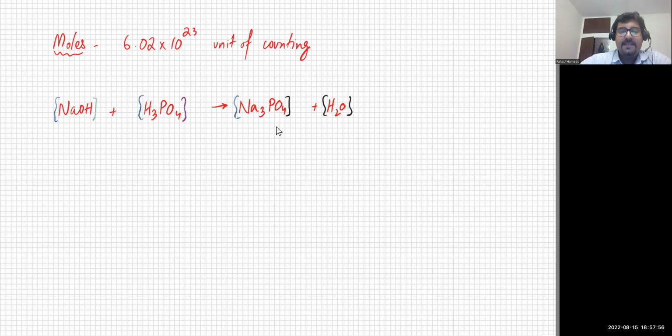So if I want to balance it, there's 3 sodiums, right? So I'm going to multiply this by 3. And how many hydrogens do I have? I've got 3 over here, and I've got just 1 hydrogen over here, but there are 3 molecules, so that's 3 hydrogens over here. So 3 plus 3, that's 6 hydrogens. So if I have 6 hydrogens, I would have to multiply this by 3.